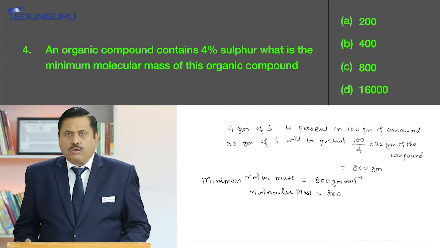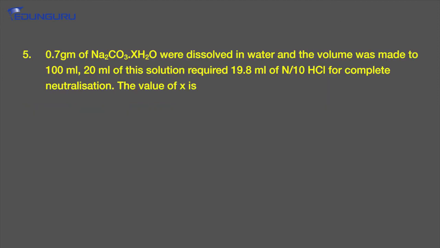Now come to the next question. 0.7 gram of Na2CO3·xH2O was dissolved in water and the volume was made up to 100 ml. 20 ml of this solution required 19.8 milliliter of N/10 HCl for complete neutralization.